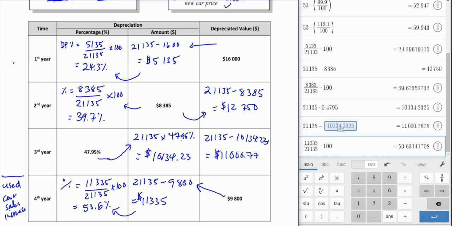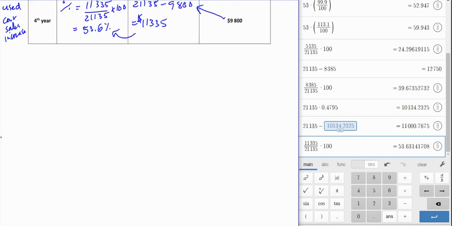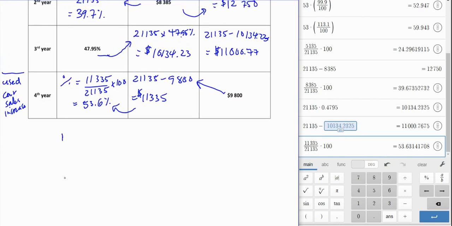So anyways, this keeps going until our car goes down and down and down in value. What's interesting is if we were to plot this, like you guys know exponential patterns. So let's say you said time or years and value.